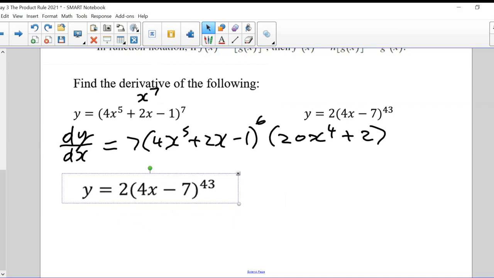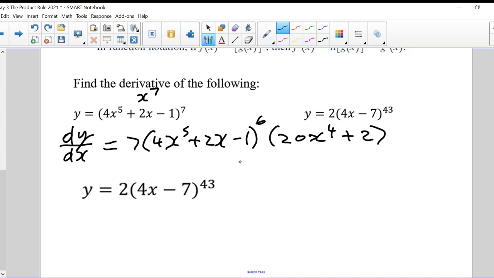Okay, so we're going to do the same thing with this function. Treat this part inside as if this was a 2u to the power of 43, right? So this part in here is like your u function.